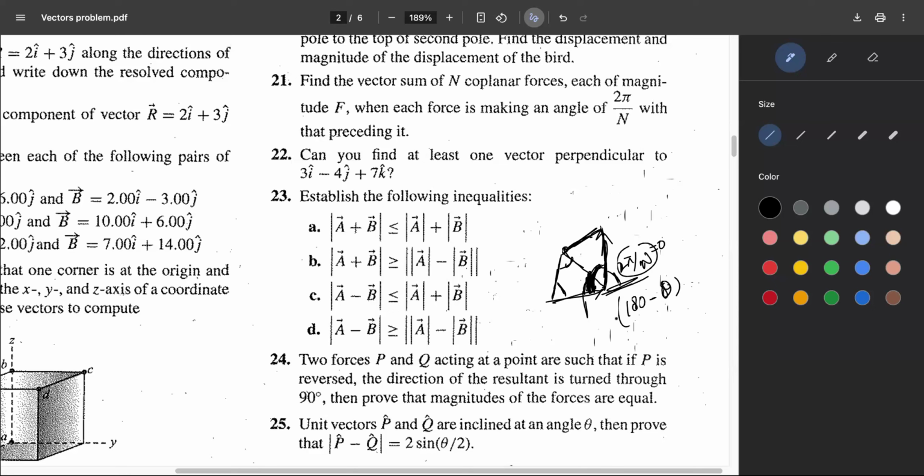This part is nothing but the whole thing by two. Clear? This is also the whole thing by two. So you can simply say two times this thing. Summation of this. If you do this, you are going to get this thing. And the total is 180. If you subtract the whole thing, what you are going to get is theta. And this is the theta. Is this clear, how to calculate this theta, this and this angle? This alpha basically comes out as theta itself, the outer angle. Let me know if you're clear with this.